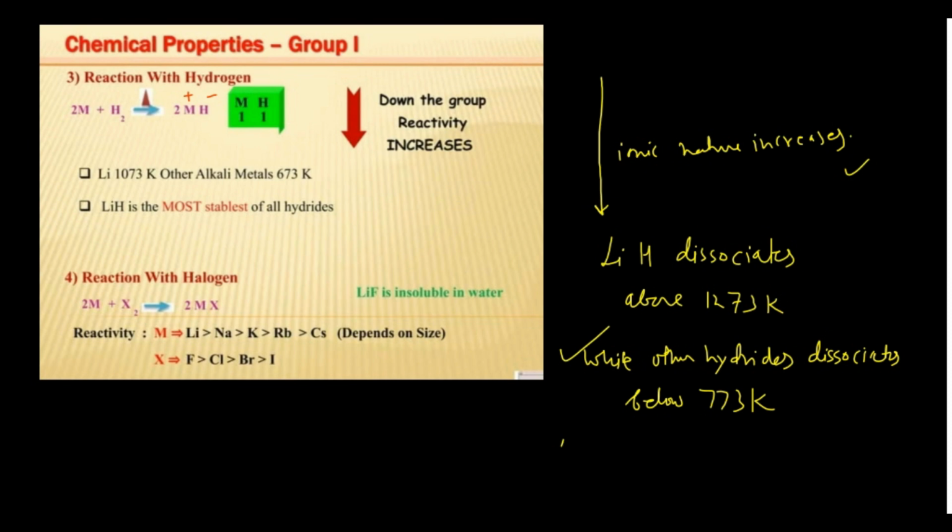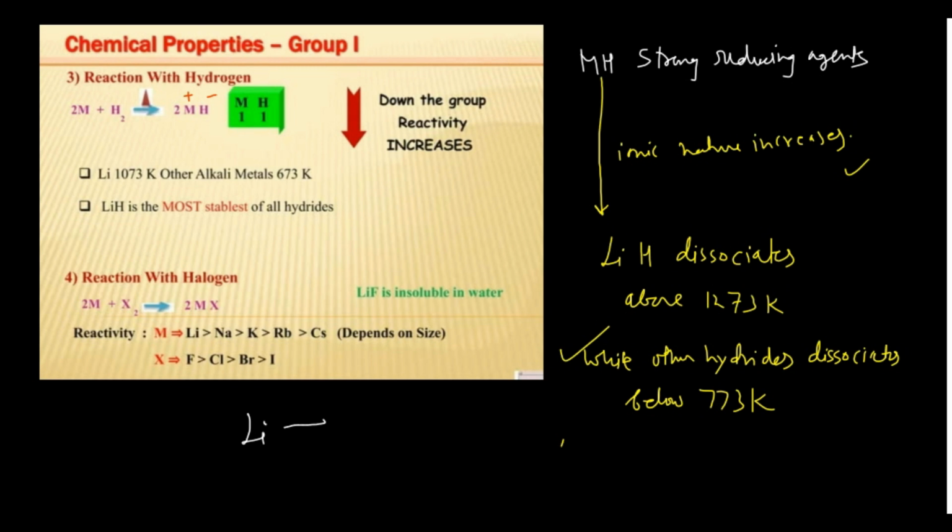Please remember this thing. And the most important thing which you should remember, which is not written here, is that all these alkali metal hydrides are very strong reducing agents, and their reducing property increases with decrease in the stability. Okay, please remember. Lithium is very important in organic chemistry generally.